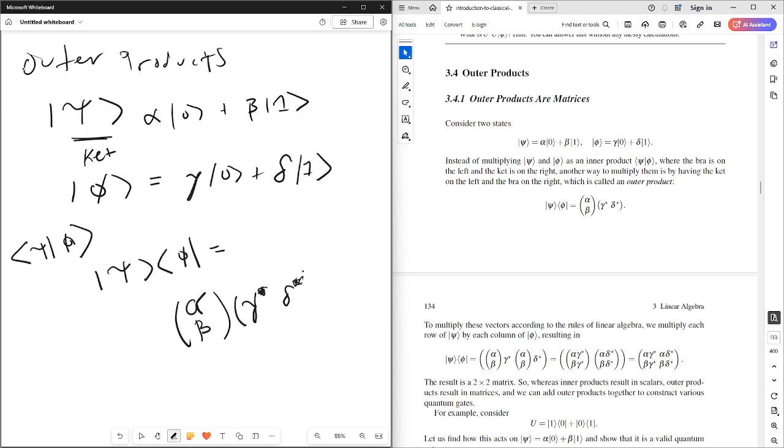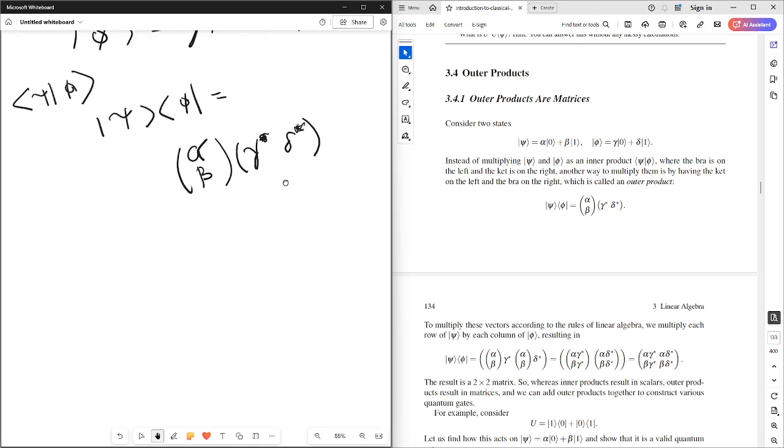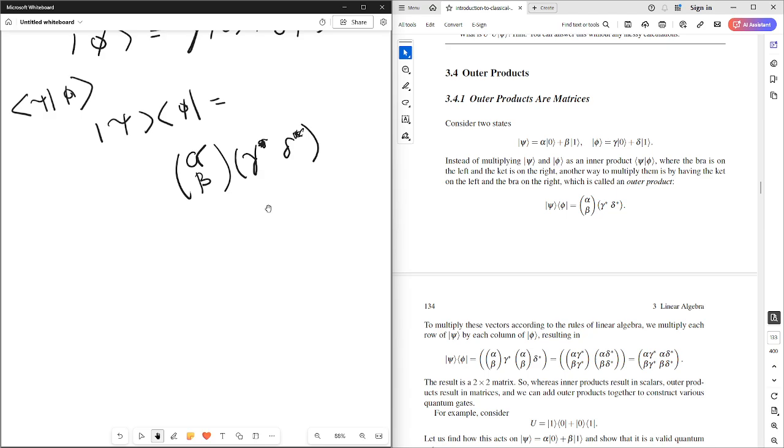I don't know what these Greek letters are called. The result is we take each row of psi and multiply it by each column of rho.